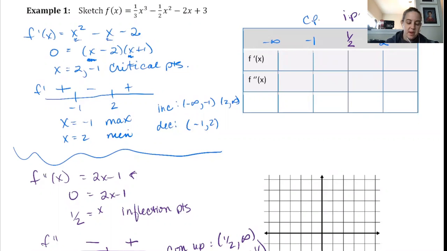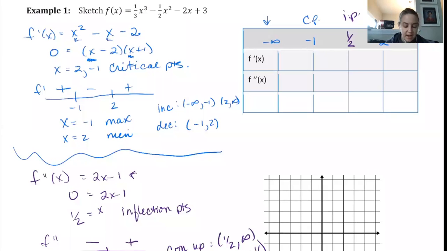And then just as a reminder, I've got negative infinity and positive infinity. They're not really part of the table, but just what's to the left of -1 and what's to the right of 2. We are going to transfer the information from the number line that we did. We are done with that. Sorry for interruptions today, trying to get things situated in my house.